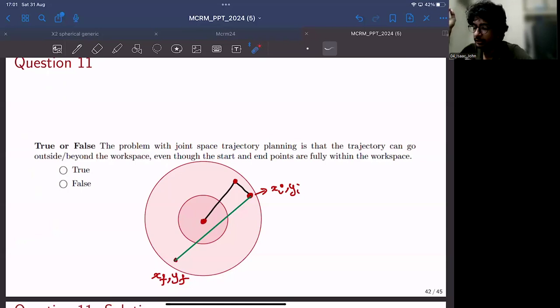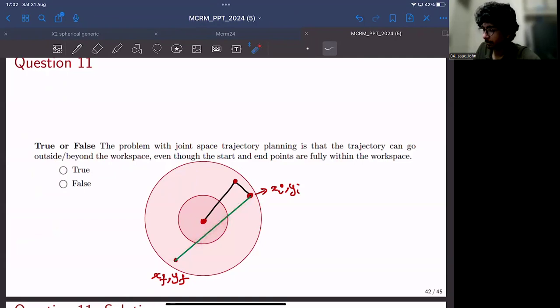There are no restrictions on the joint angles, other than the joint limits, maybe in practical situations. But if you plan in task space, this is actually a task space implementation, from the initial point to the final point, a straight line implemented in task space can actually go out of the workspace.